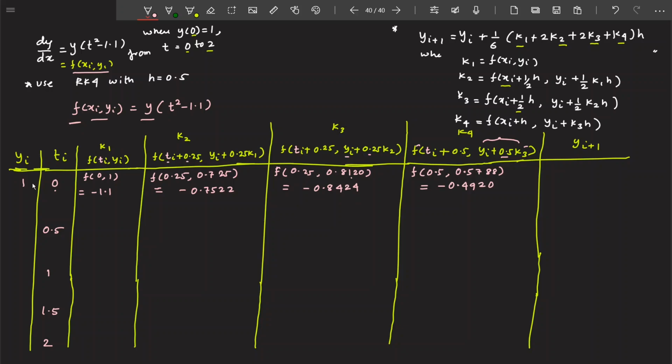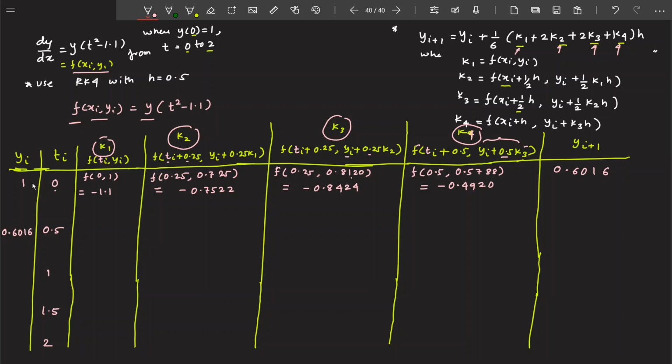Once you substitute the value of k1, k2, k3 and k4 in this equation, you'll find out that the value of yi plus 1 that you are getting is 0.6016. For the next iteration, that 0.6016 comes here, and you'll continue the calculation in the similar way.